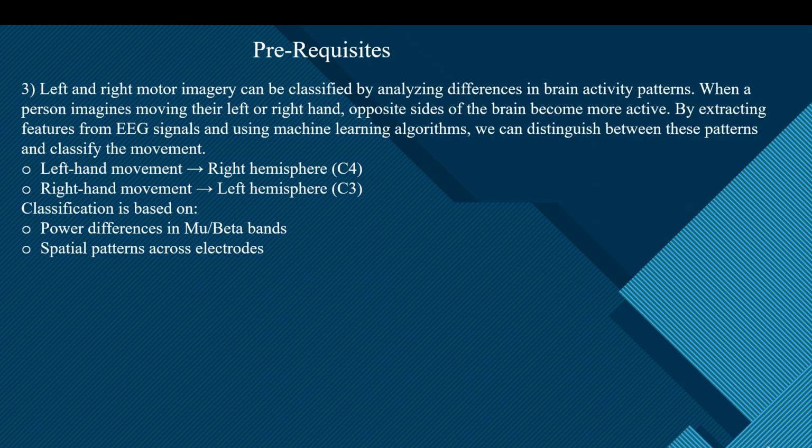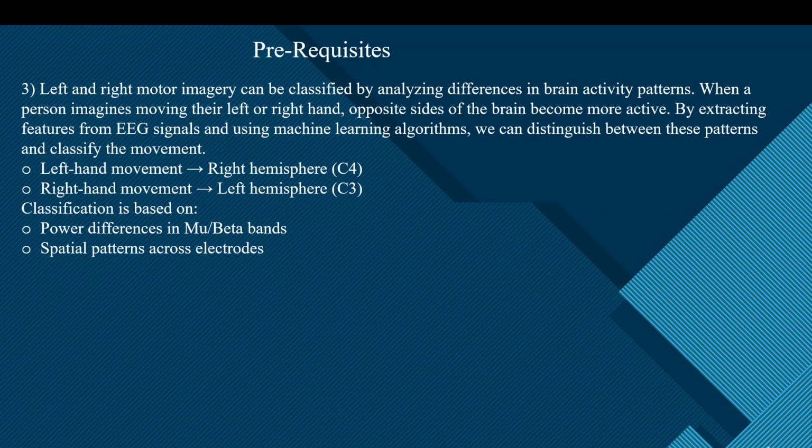As you know guys, when we try to imagine moving our left hand, it's our right part of the brain that gets activated, as they are connected in the opposite way. So to measure the left hand movement, we need to see the right hemisphere. Further, we have the C4 channel for that, and to measure the right hand movement, we'll see the left hemisphere with the C3 channel.